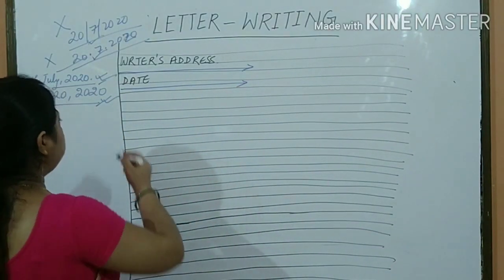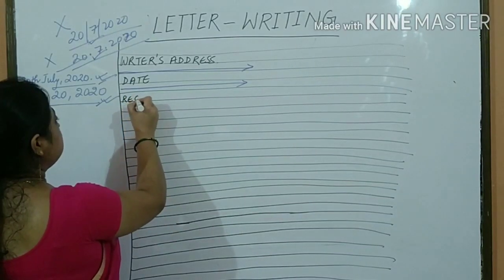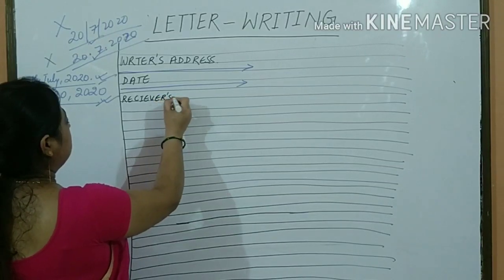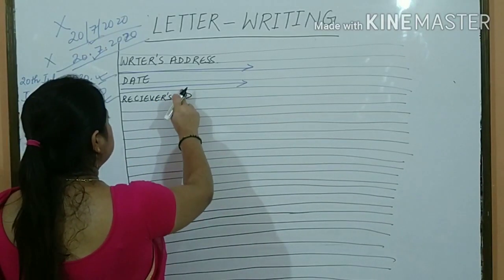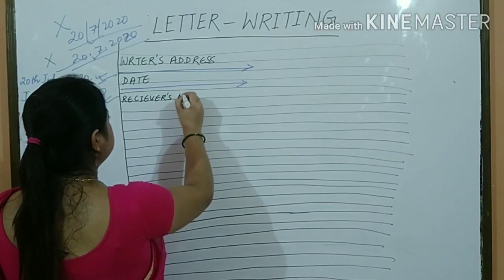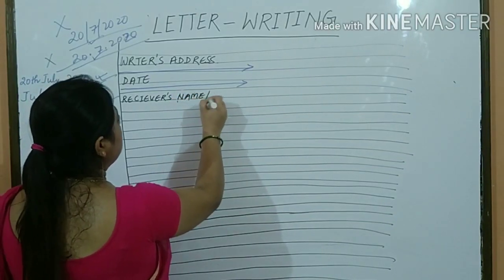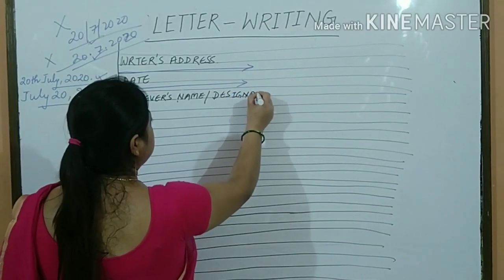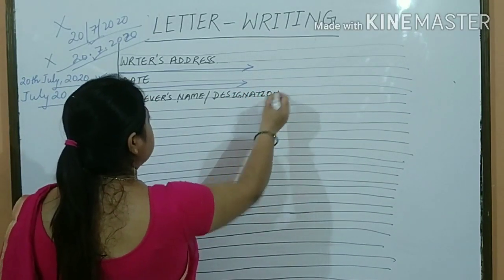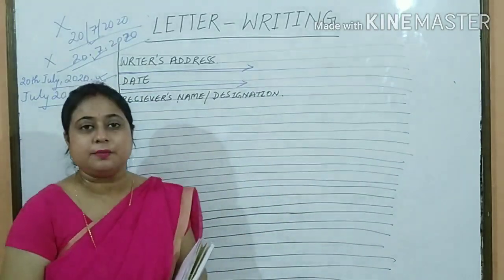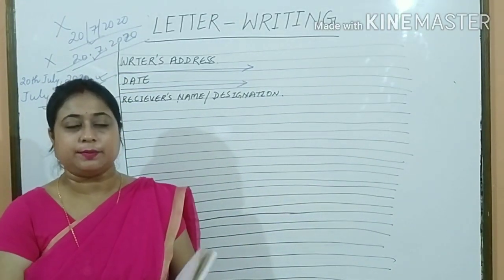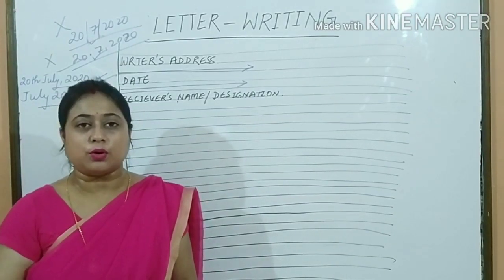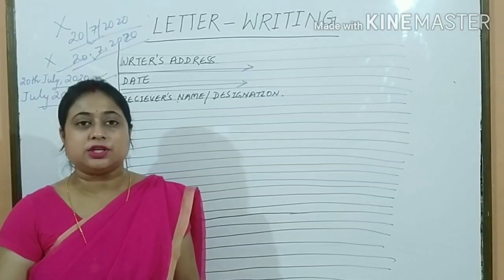After that, you have to write the receiver's name or designation. For example, designation means when you write to your principal, you don't write the name of the principal. You write the post or the designation which he holds.